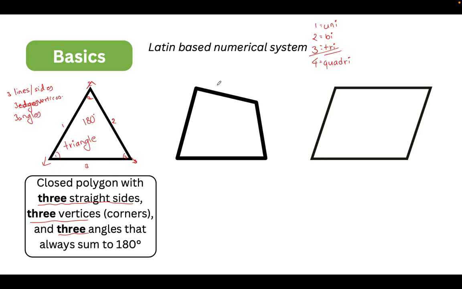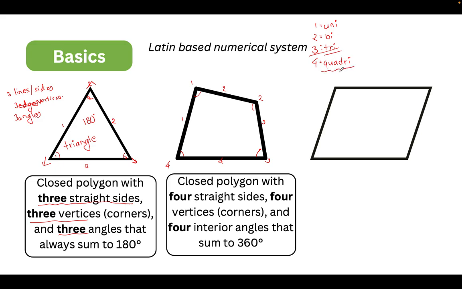Now what should this be? We have 1, 2, 3 and 4 straight sides. We have 1, 2, 3, 4 vertices and we have 1, 2, 3 and 4 angles. So based on this system we will name this a quadrilateral.